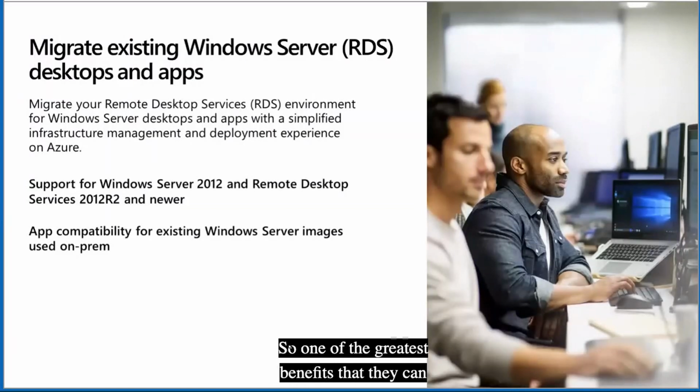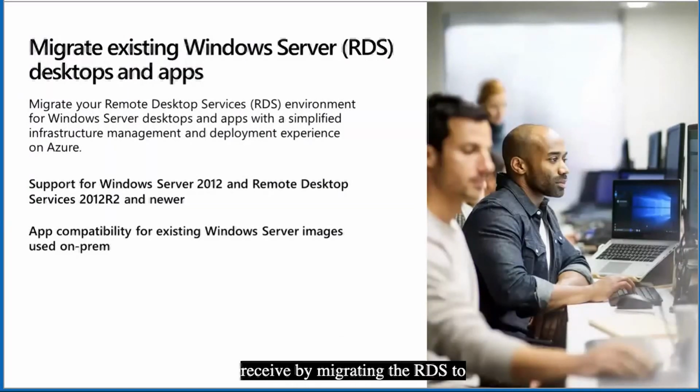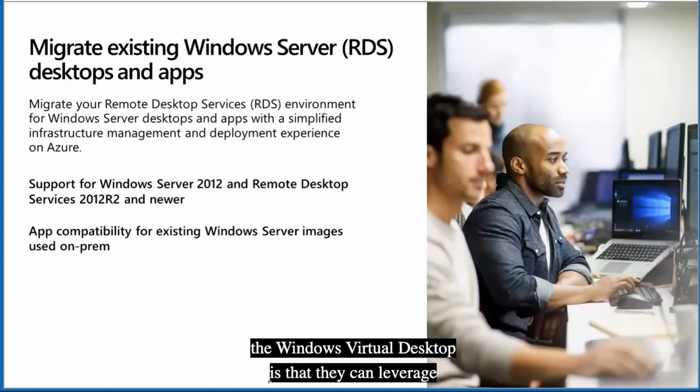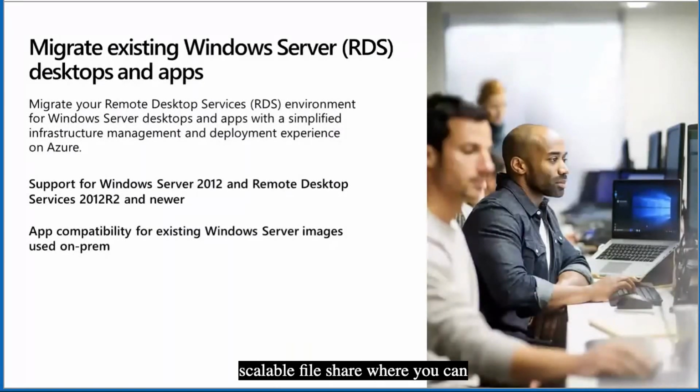One of the greatest benefits they can receive by migrating RDS to Windows Virtual Desktop is that they can leverage cloud potentials such as Windows 10 multi-session, Azure Files, FSLogix, and many other benefits. Azure Files is a cloud-based, massively scalable file share where you can securely store your user profile data.